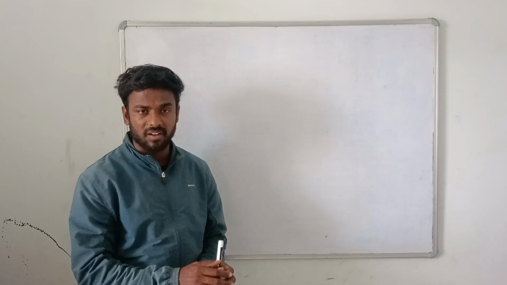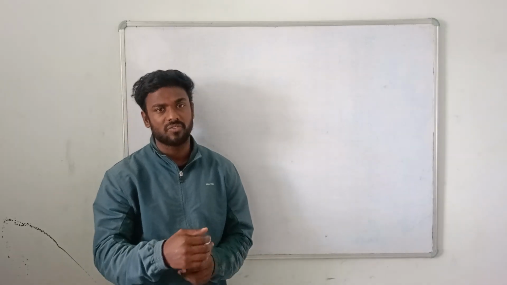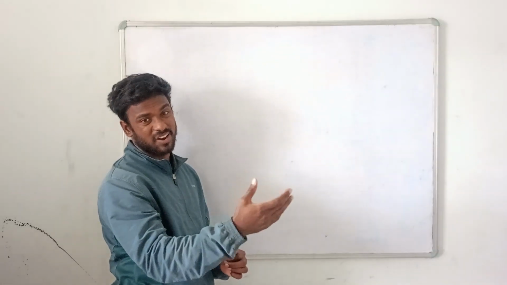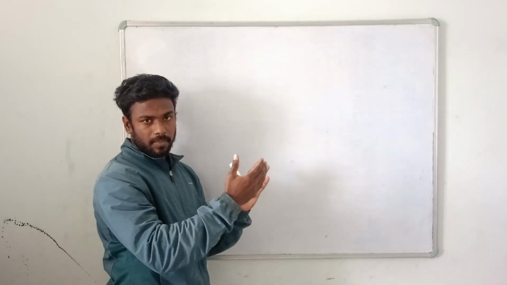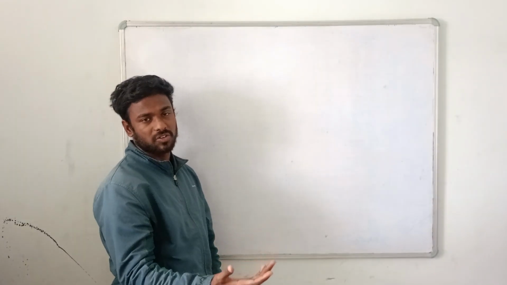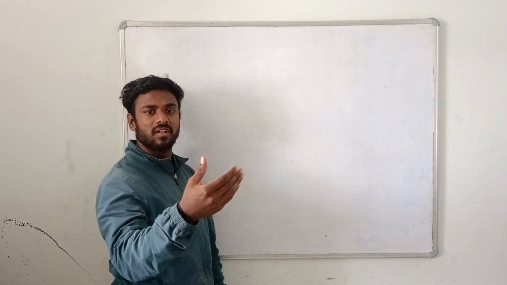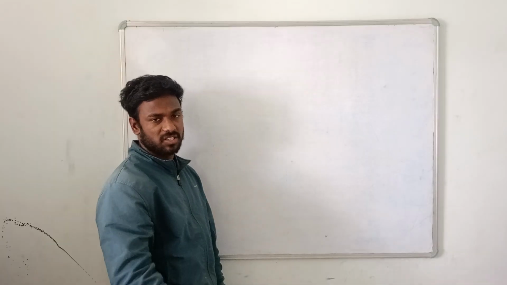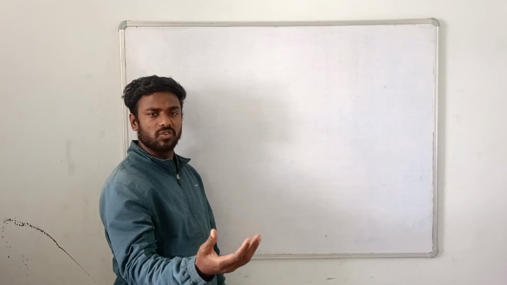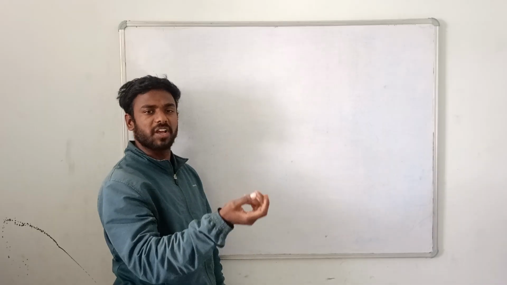This insulin will take the glucose along with itself towards the walls of the cells, particularly muscle cells and fat cells. And to allow the glucose into the cell, there are glucose transporters present particularly in the fats and the muscles. Without the assistance of insulin, this glucose cannot be taken into the cell.